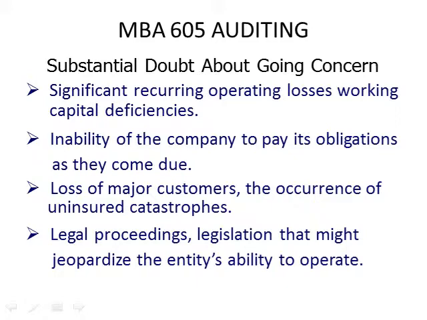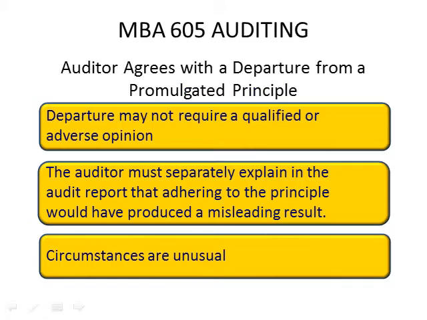These are all situations that an auditor may look at and raise serious doubt with respect to the auditor's judgment about whether this company is going to be in business over the next 12 months. And if that's the case, the auditor is obligated to use this modified report to state this going concern doubt.